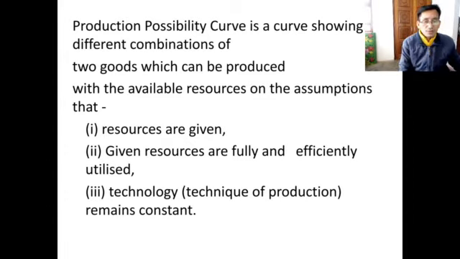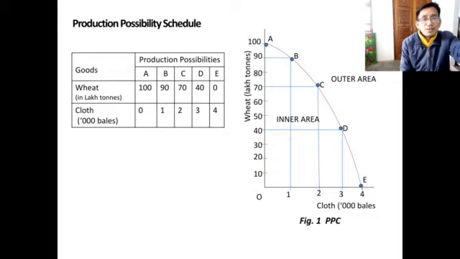Number one, resources are given. Number two, given resources are fully and efficiently utilized. Number three, technology or the technique of production remains constant. Given all these assumptions, we have to study the nature of production possibility curve.